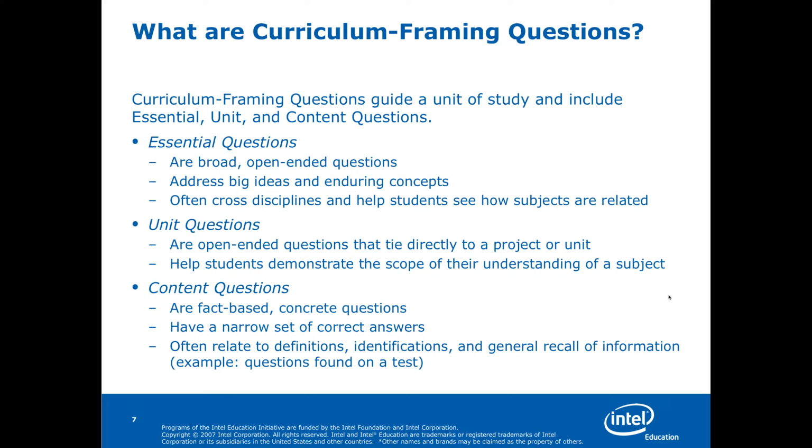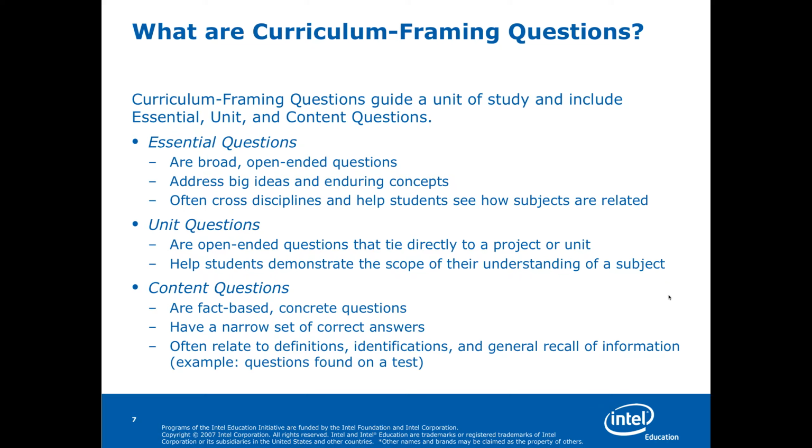For instance, essential questions are those bigger ideas like, why is there war? They are very hard, if not impossible, to answer with a quick little statement. They usually take a great deal of thought and work to answer effectively.